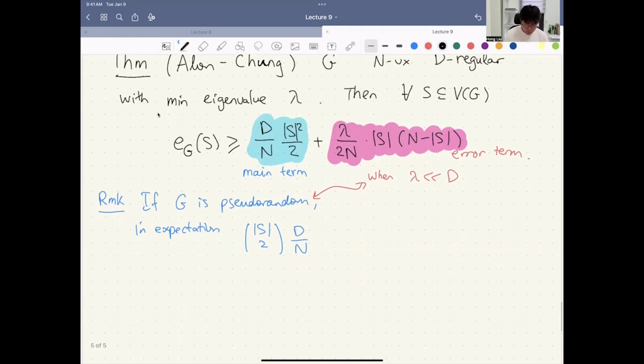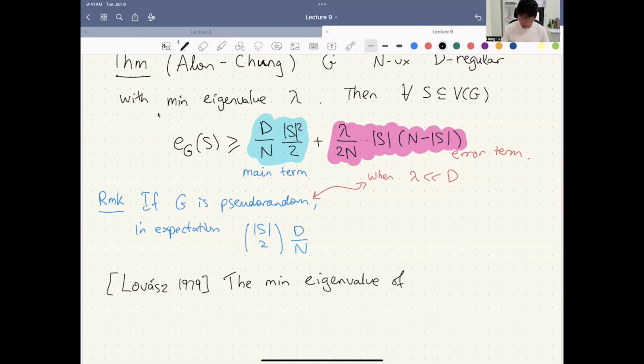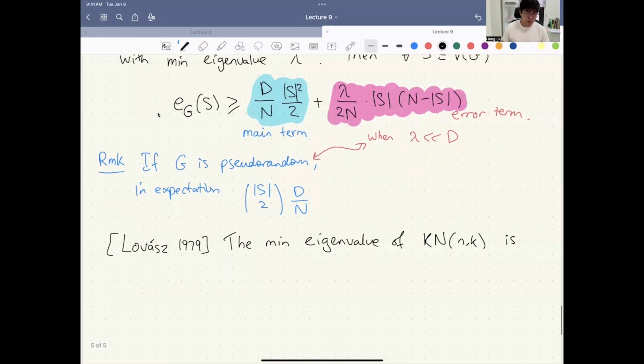So Lovász, 1979, proved that for the Kneser graph, the minimum eigenvalue of the Kneser graph is lambda equals negative (m minus k minus 1 choose k minus 1).